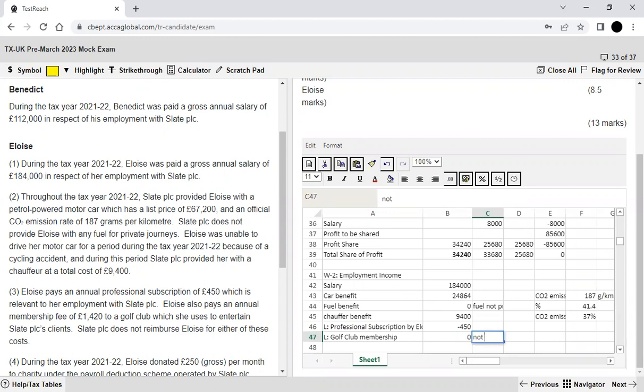I agree, from this statement I can establish it is wholly and exclusively for the business. But for employment income, the third important element is that it should also be necessary for the employment. Can you comment on whether it is necessary for the performance of duties?